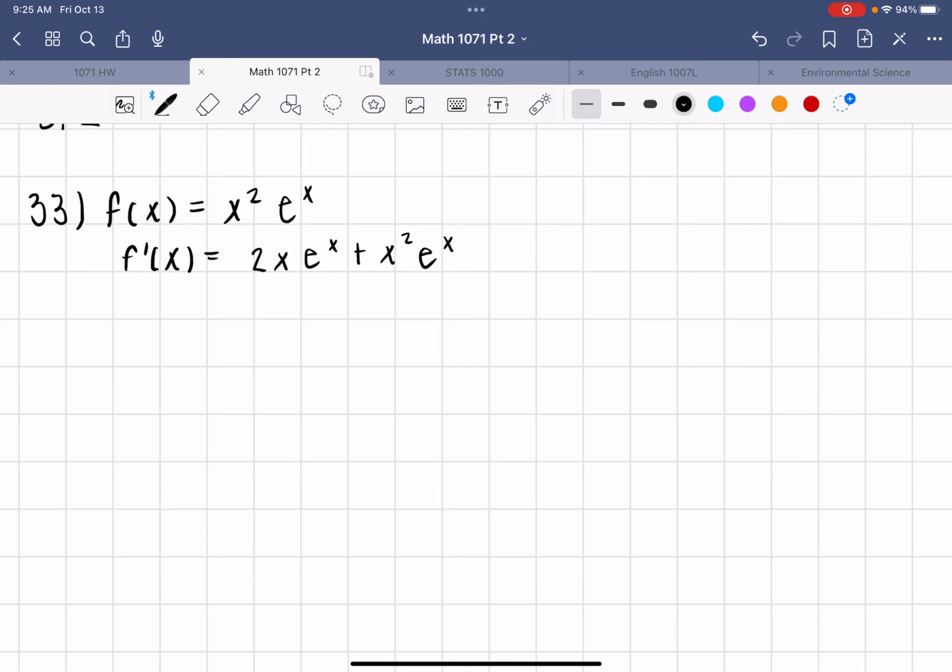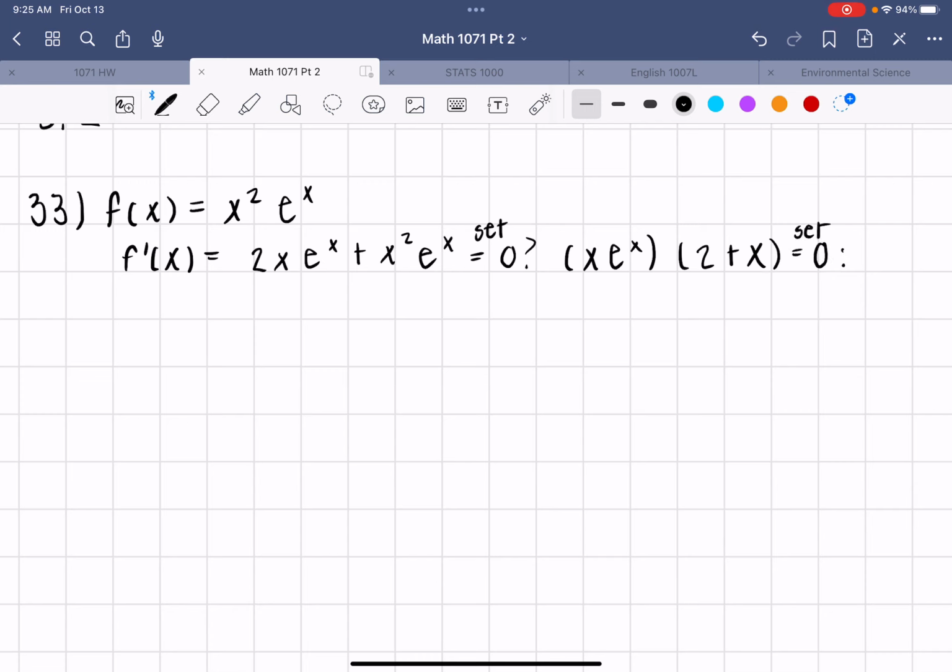Notice I can factor out an x and e to the x, which leaves me here with a 2, and here it's leaving me with an x. So I've set that equal to 0. And so what value is x?